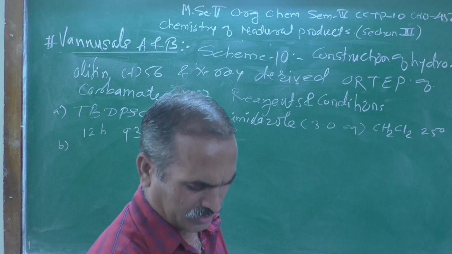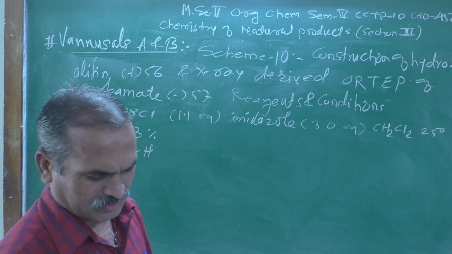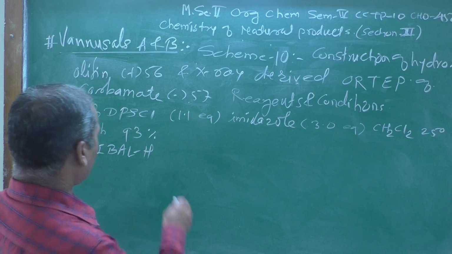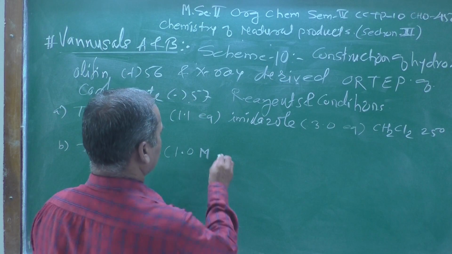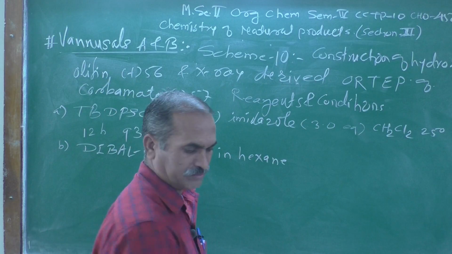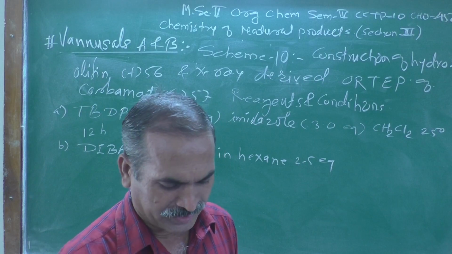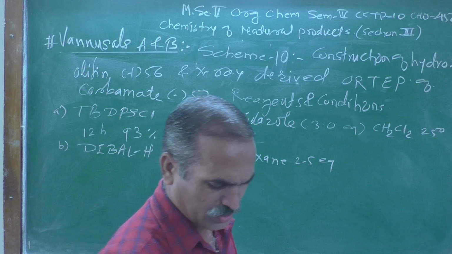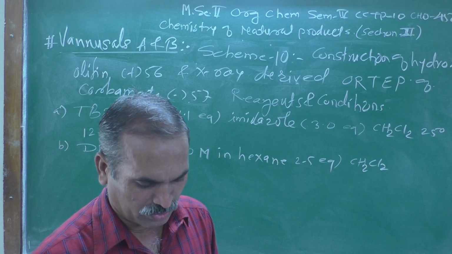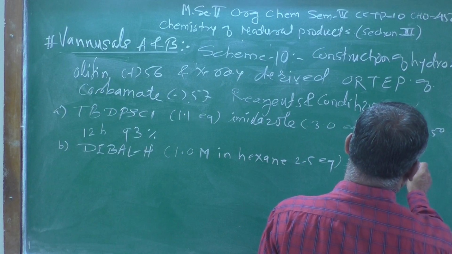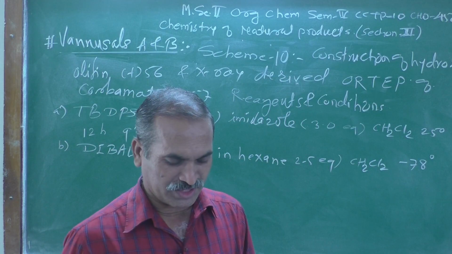Then the second reagent will be DIBAL-H, which was taken near about 1.0 molar in hexane, 2.5 equivalent employed, and the solvent used once again CH2Cl2, DCM, dichloromethane, and the temperature kept during that reaction was minus 78 degrees centigrade.